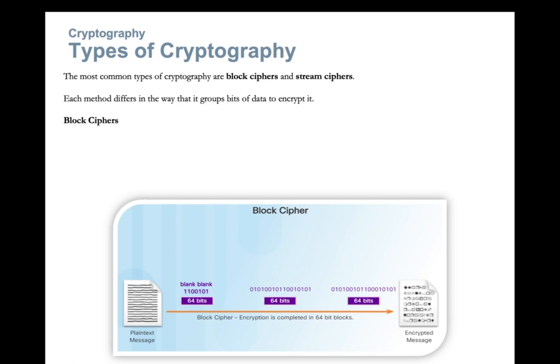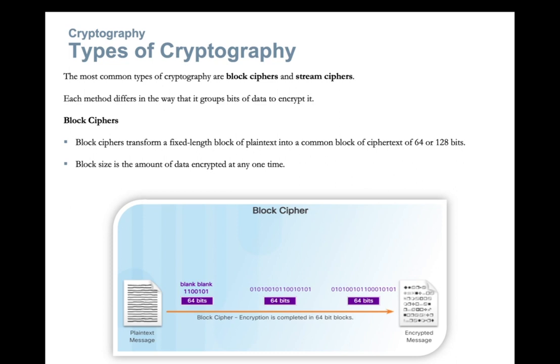For example, the Data Encryption Standard, DES, is a symmetric algorithm that encrypts blocks in 64-bit chunks using a 56-bit key. To accomplish this, the block algorithm takes data one chunk at a time, for example, 8 bytes per chunk.